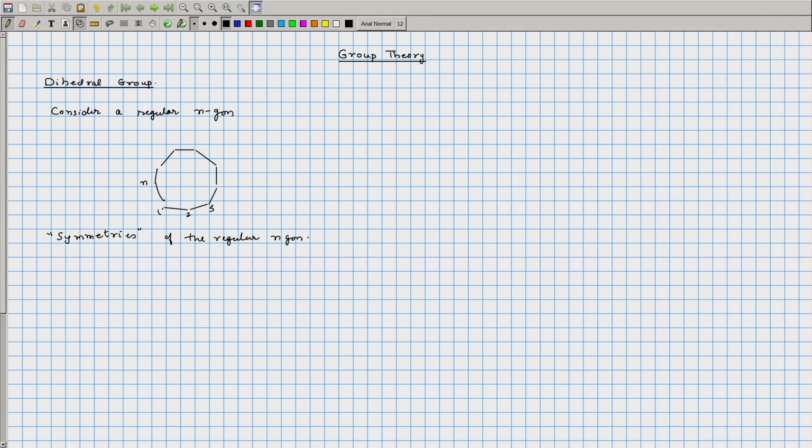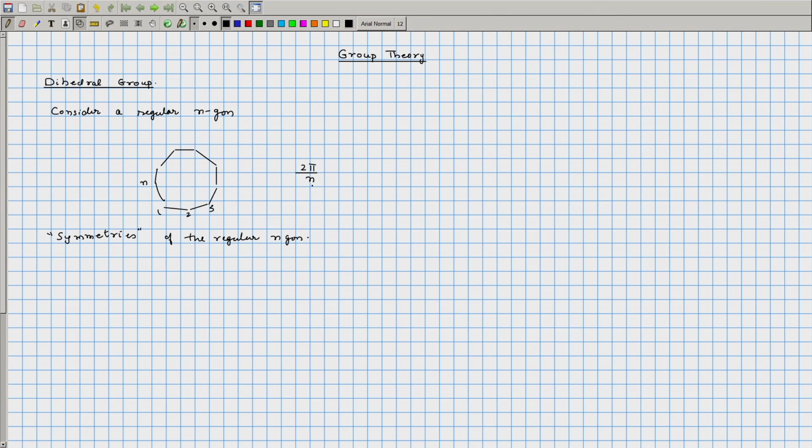One such motion would be, if there are n sides and if we rotate this n-gon by an angle 2 pi by n, so that is the angle in radians, rotating about the center of the regular n-gon, then the starting and ending configurations would look identical.